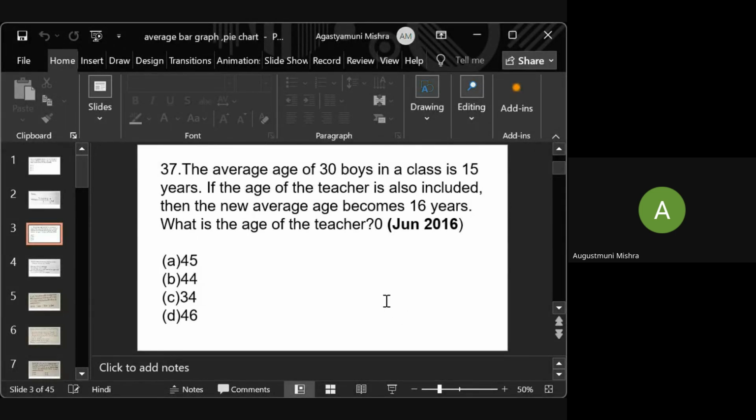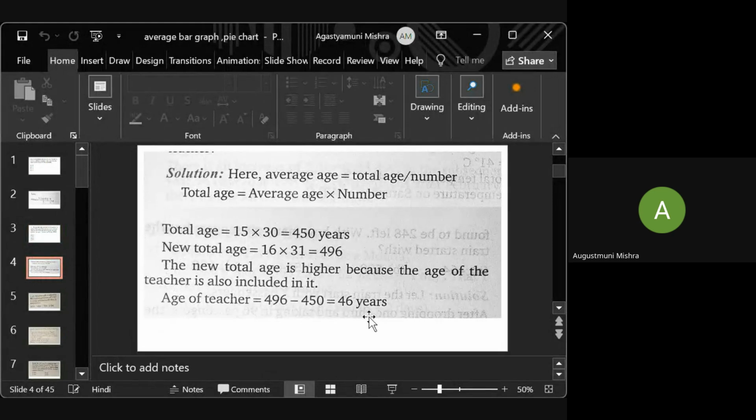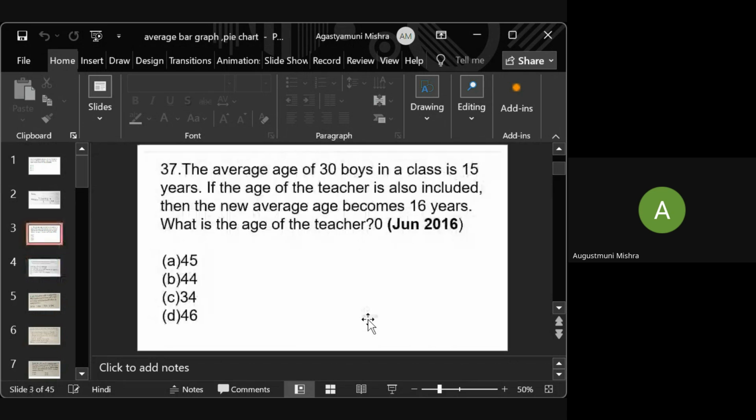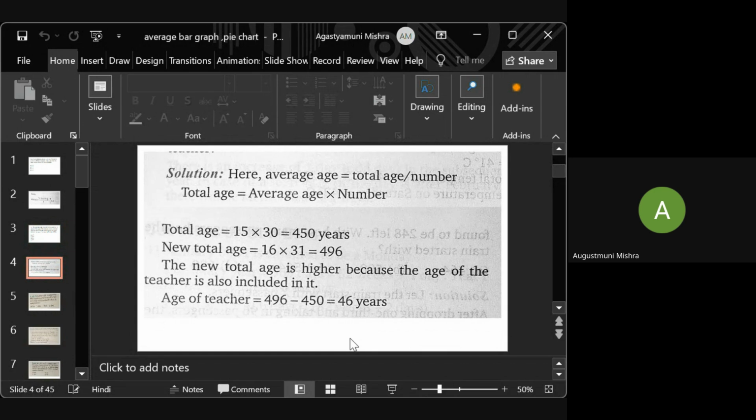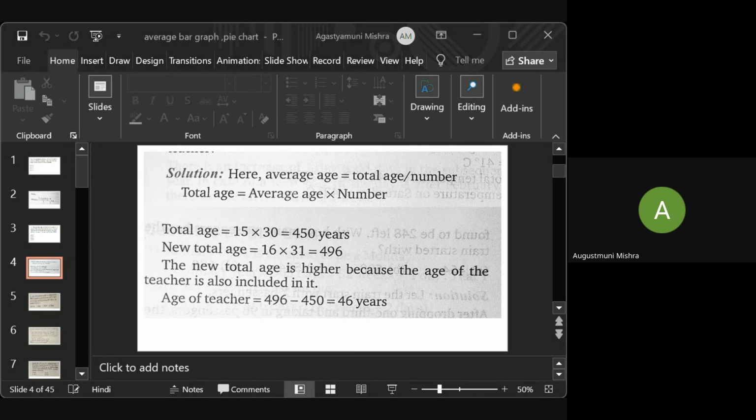Okay, I'm changing the slide because it's 7:50. Okay, 46 here is the correct answer. I think that was option D, so that is correct. You can go through this. Even the formula is also mentioned, so you can go through this. Within half a minute, I will change it.